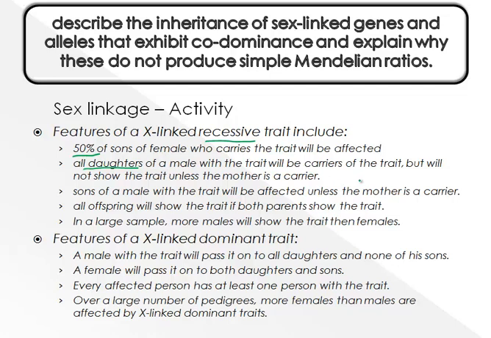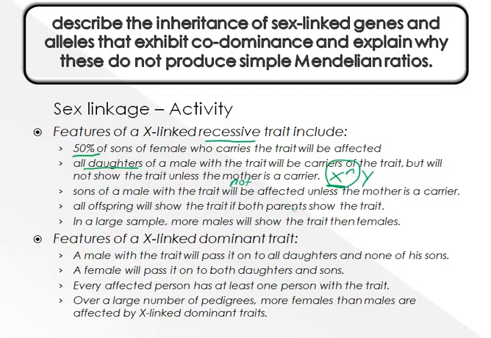So what that's saying in a cross is, if the male has it, he's X with a little n for the recessive trait, and Y. He passes that on to all his daughters, therefore all his daughters will carry the trait. Sons of a male with the trait will not be affected unless the mother is a carrier.